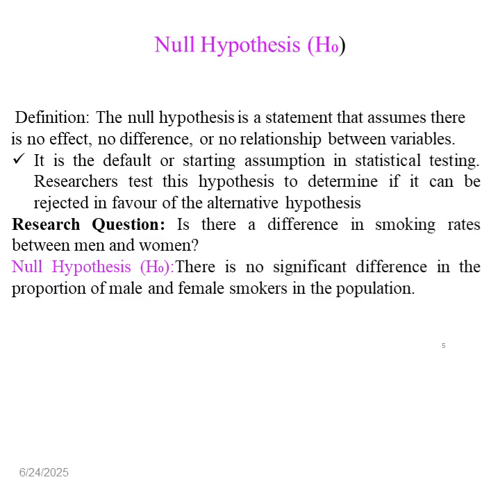By default, the alternative hypothesis is that there is a significant difference in the proportion of male and female smokers in the population. You can say if the null hypothesis says negative relationship, the alternative hypothesis should say positive relationship.